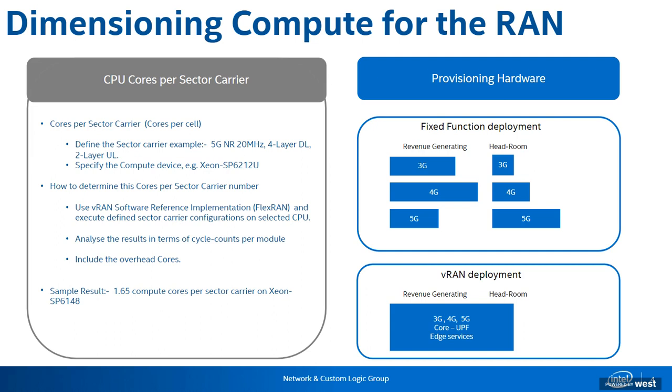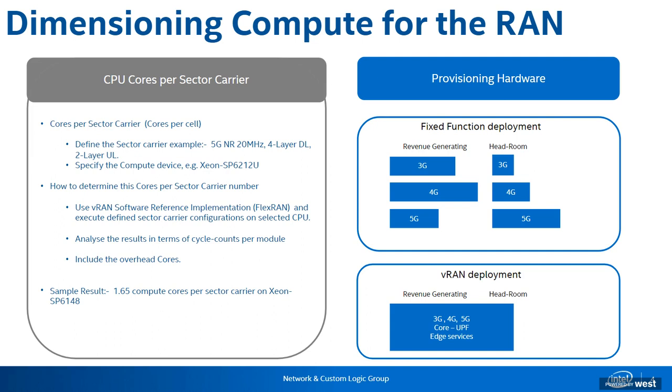Effectively, the number of CPU cores it takes to process a given sector carrier. And that's specified for a given sector carrier for a given flavor of CPU, how many cores that would take. Based on that number, you can scale it and dimension the type and size of a platform you would need to service the number of cells required.